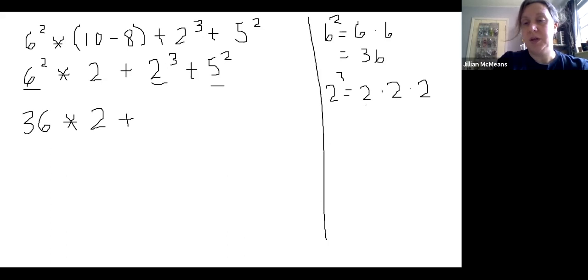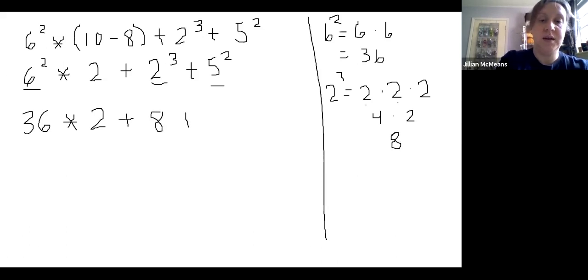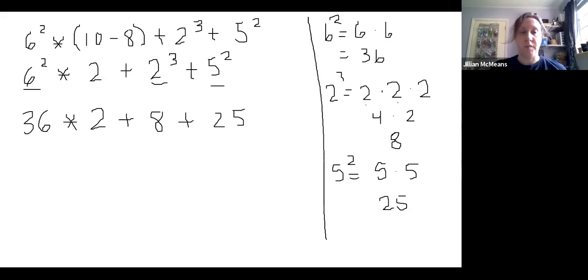So here we get 2 times 2 is 4. 4 times 2 is 8. So now I've got plus 8, and then plus 5 squared. That's 5 times itself twice, so 25. Okay.